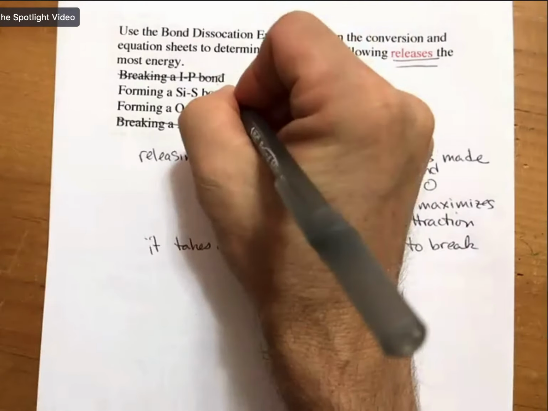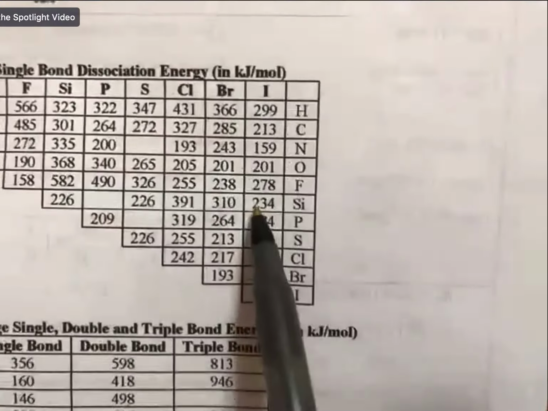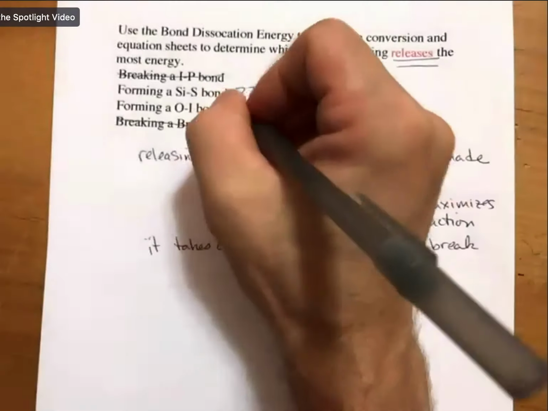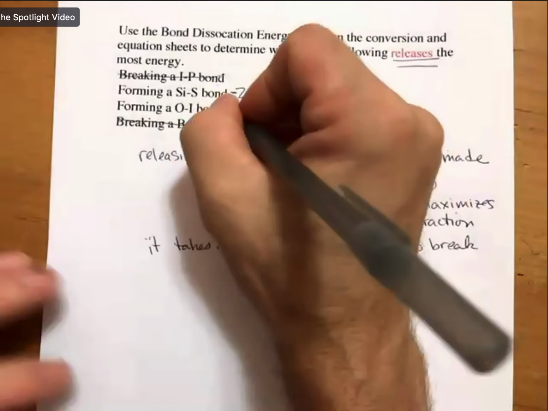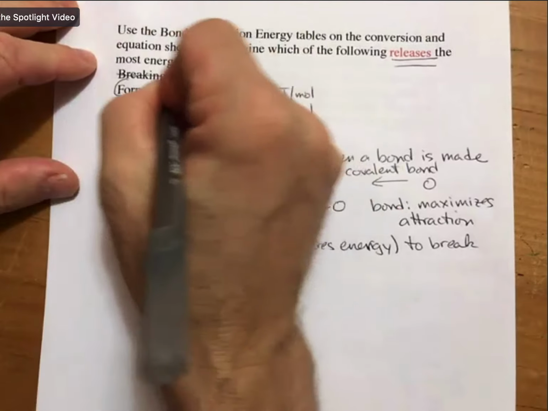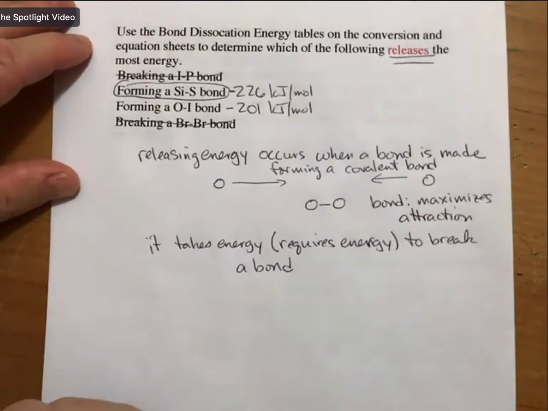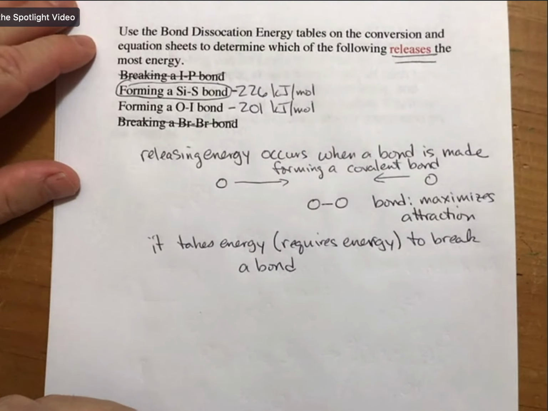And then let's see, OI. OI is 201. So forming a silicon sulfur bond will release the most energy. Any questions about that?